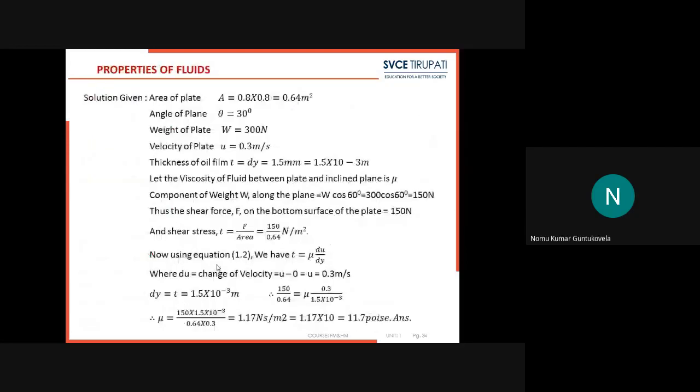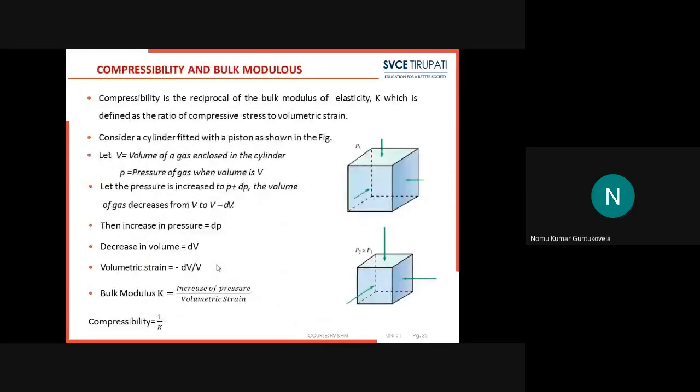See here, another important property is compressibility and bulk modulus. Whenever you apply pressure on the sides, we have deformations and changes in the object.